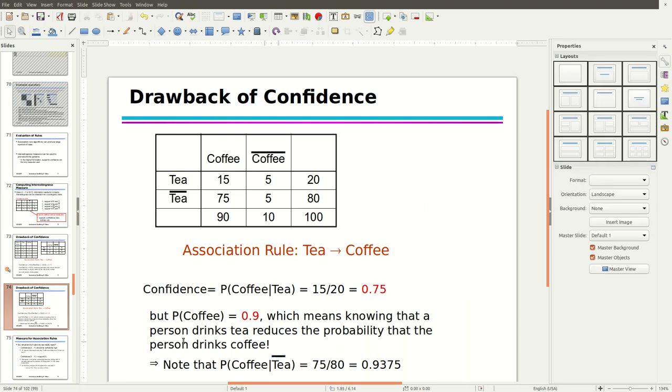So if we have people who didn't get tea, that's 80%, and how many of them got coffee? That is 75. So that is even higher. It means that people who did not get tea are more likely to get coffee than otherwise. So this might actually be a good, interesting rule that we can probably follow.